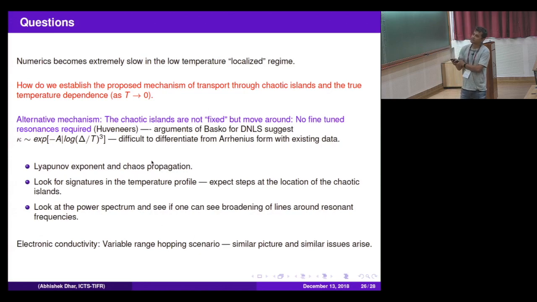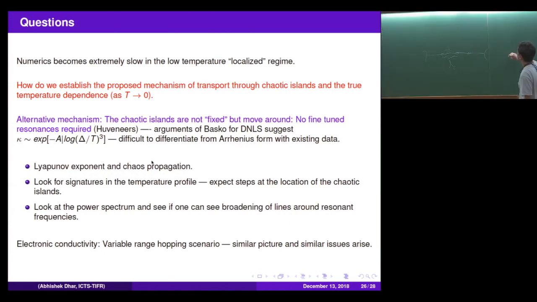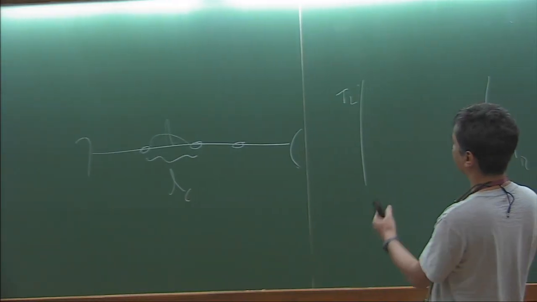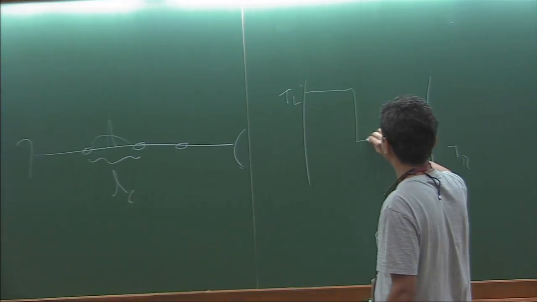Okay, and this suggests that the conductivity should be, instead of Arrhenius, like log of delta by 2t cubed, which is of course very hard to differentiate from Arrhenius with our existing data. And of course, we are trying to look for some way to differentiate this. So one result that I'll quickly show is, if there are these chaotic islands, so I just showed the results for the temperature profile, where you put a high temperature here and a low temperature here and you have a localized system, then typically you get a temperature profile like that.